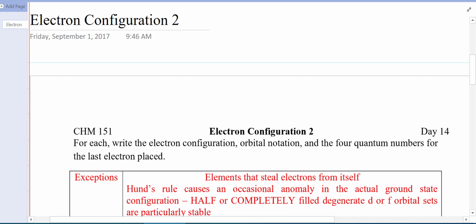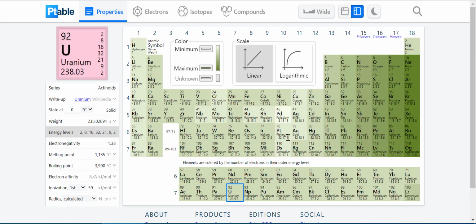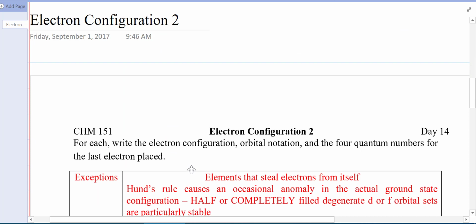Now we have the periodic table here, and we're going to look at some of these transition metals and some of the lanthanides and actinides. Group 1 and Group 2, and then 13 through 18, all behave normally. There's no anomalies there. It's the transition metals and then the f block down here that really can do funny things.